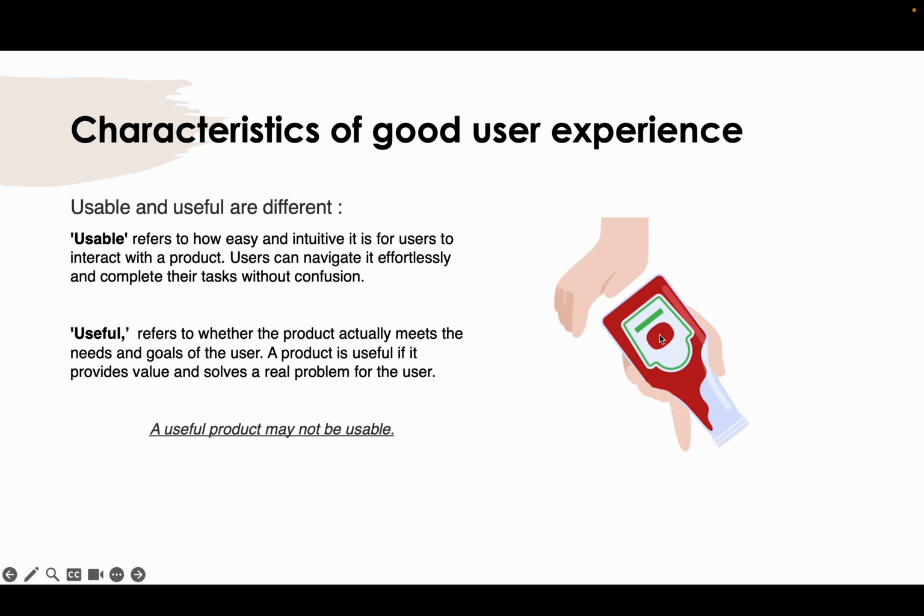When you are using a glass bottle of ketchup, you may eventually get the ketchup out of the glass bottle and eat it. So it is a useful product, but it takes a lot of effort to do so. So the design is not usable. It's useful, but it's not usable. So there is some difference between the two concepts.